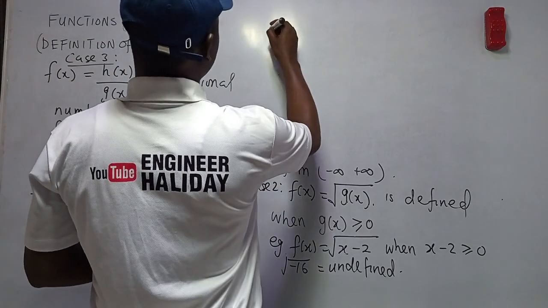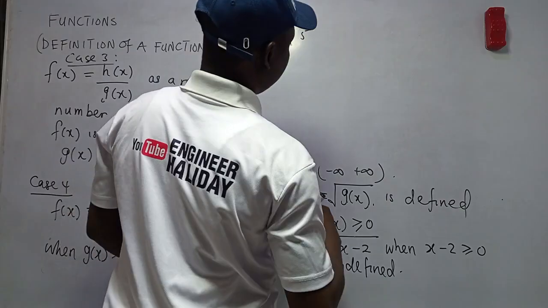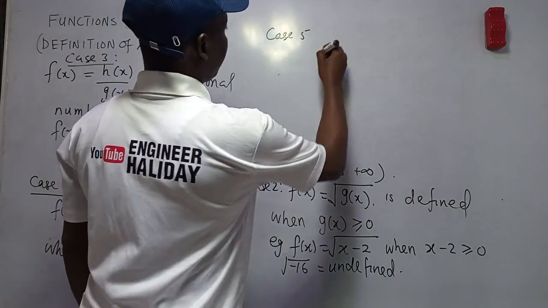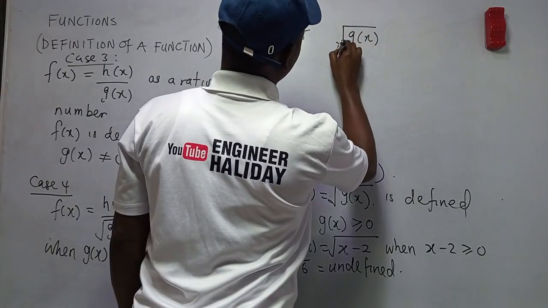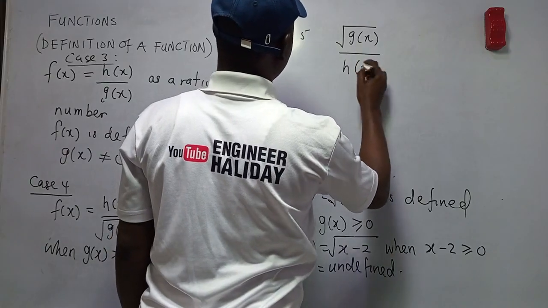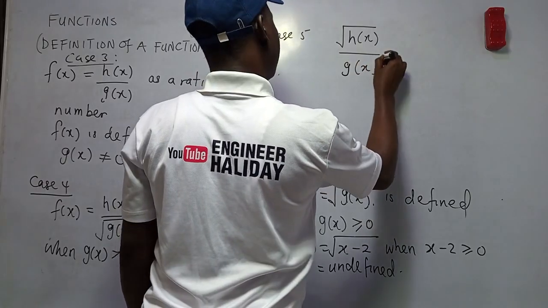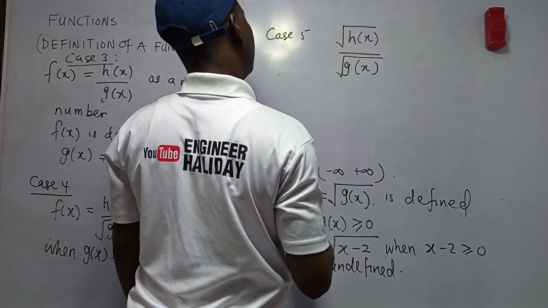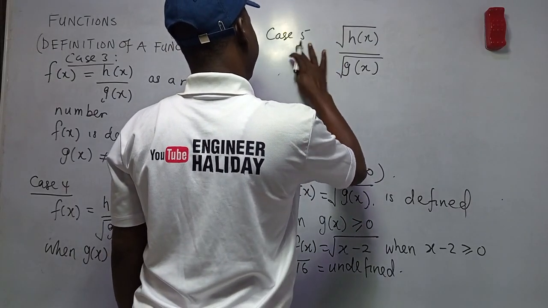Let's say we have the square root of g of x over the square root of h of x, and then we have f of x there.